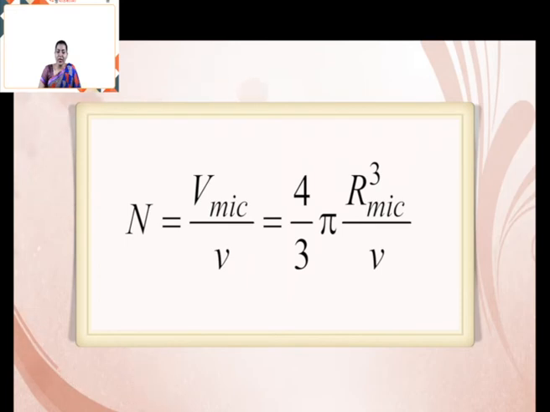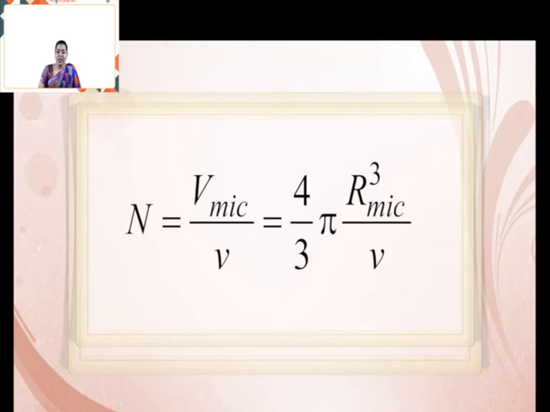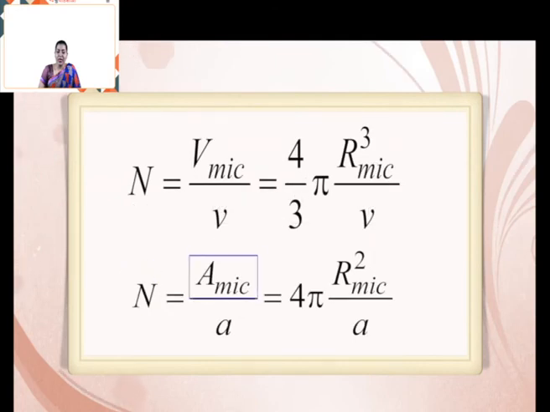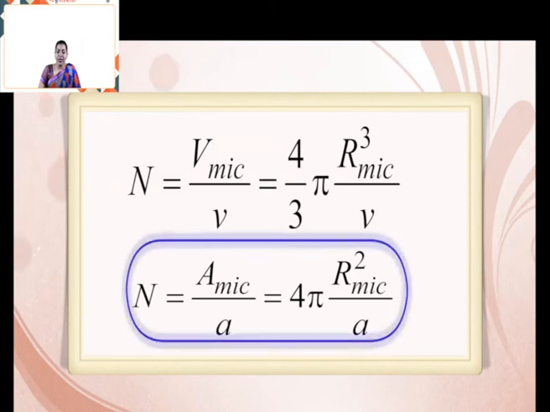We can also express the aggregation number n as the ratio between the micellar area and the cross-sectional area a, which is the area of one surfactant molecule, as observed in the equation, and can also be written as A mic upon small a.